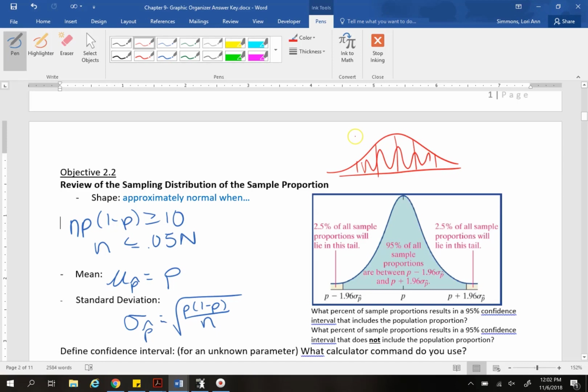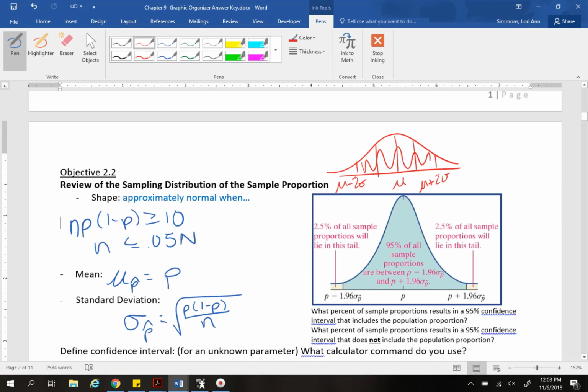This was roughly, right? So if you want exact to get 95% under the curve in the middle, it'd be 1.96. So very close to the 2 standard deviations out from the mean, but 1.96 is exact. So you can see here, 95% is in the middle, leaving us with 2.5% in each tail, equaling 100% under the curve.